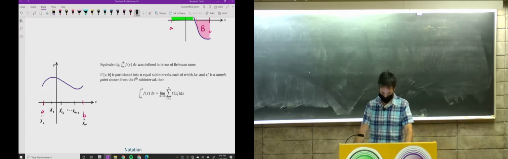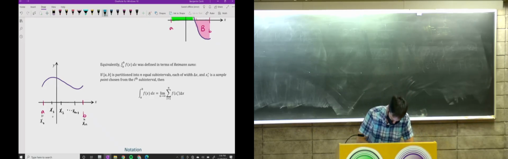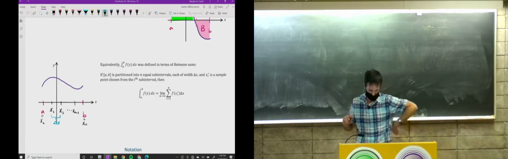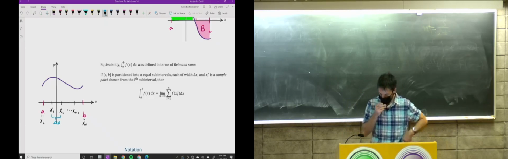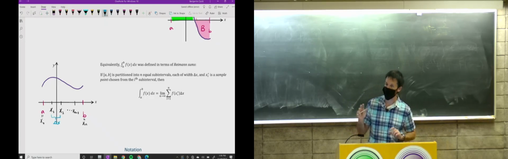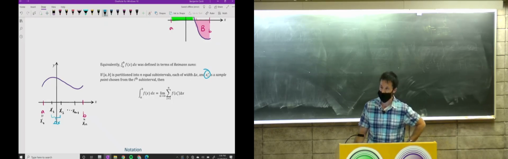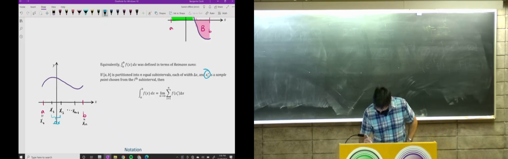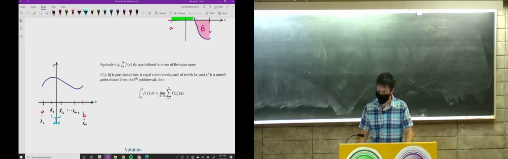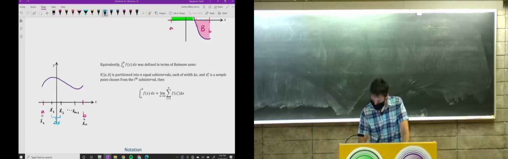Okay. Let's suppose that delta x is the width of each of those subintervals. And now I'm going to pick a point from each subinterval. Let's call it x sub i star, if it's chosen from the ith subinterval. X sub i star is what's called a sample point.